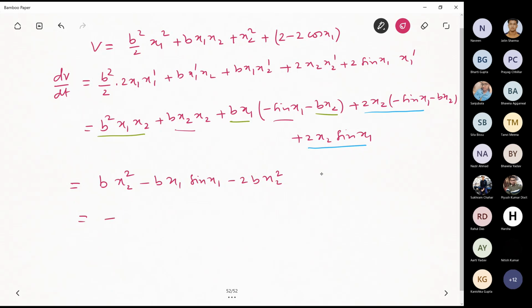So this is going to be minus b x2 square minus b x1 sin x1.